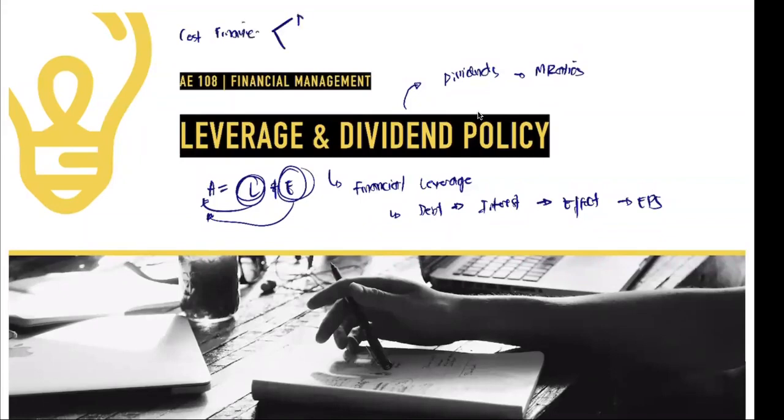Remember, the cost of debt is interest and the cost of equity is more of dividends. So we look into interest and dividends, their effect on income and their effect on the market. For interest, we are more concerned with the effect on EPS, and for dividends, we are more concerned with the effect on market ratios. So these are what we will talk about this session.